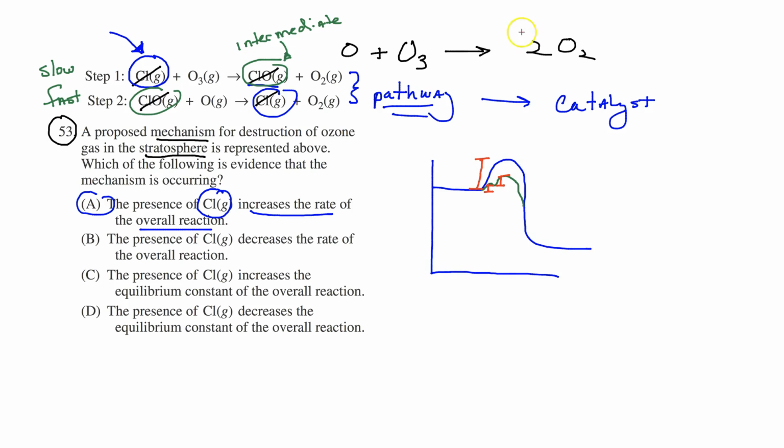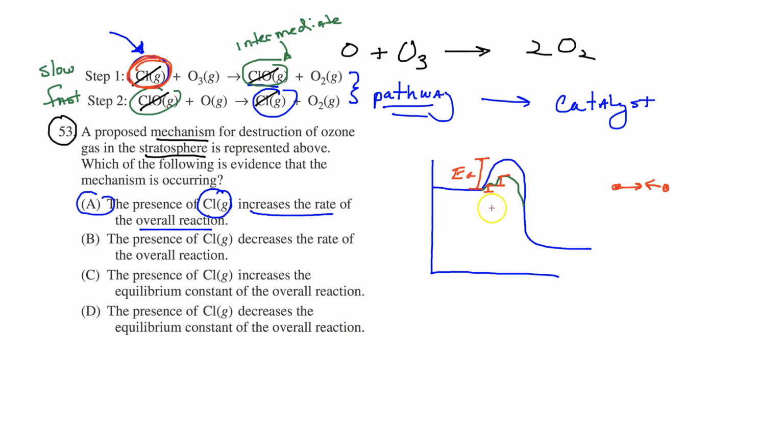And what that means is the E of A has been lowered overall because of this pathway that chlorine created. And therefore, with the same energy available, there's going to be more effective collisions that create this reaction.